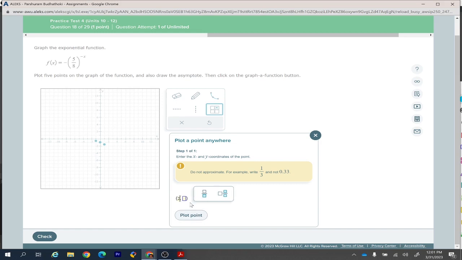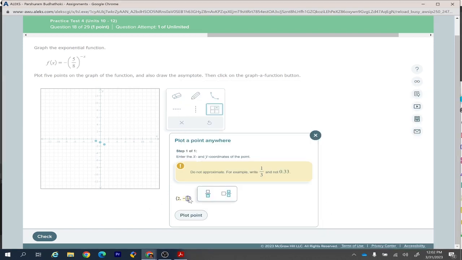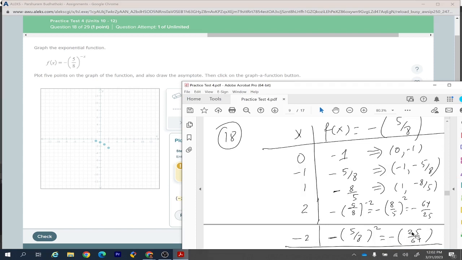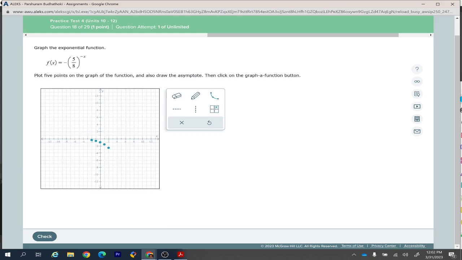At +2 the value is -64 over 25. And at -2 the value would be -25 over 64. You just have to plot these 5 points on the graph of the function, and also draw the asymptote.